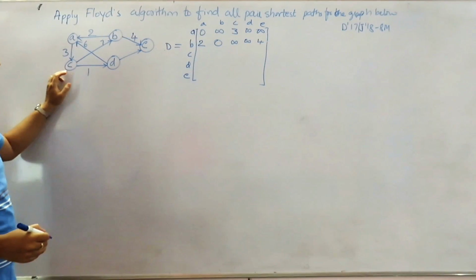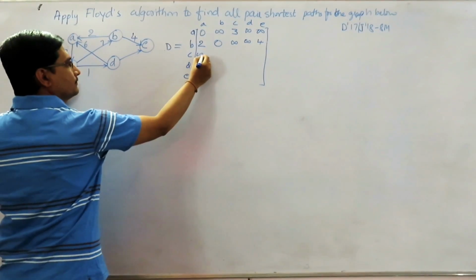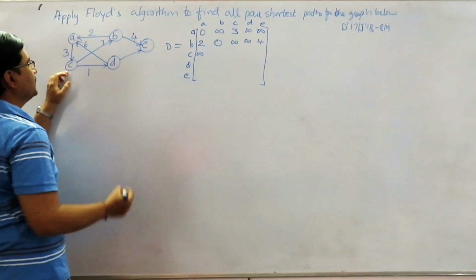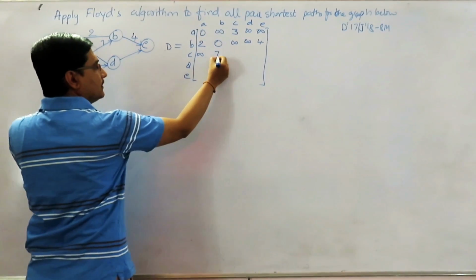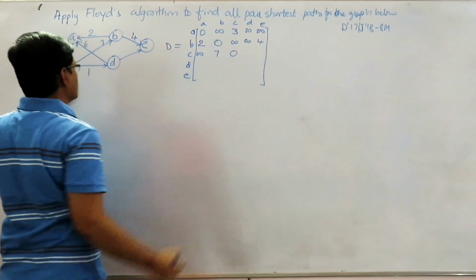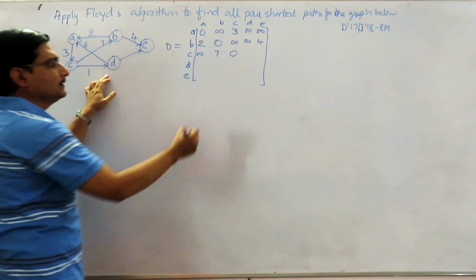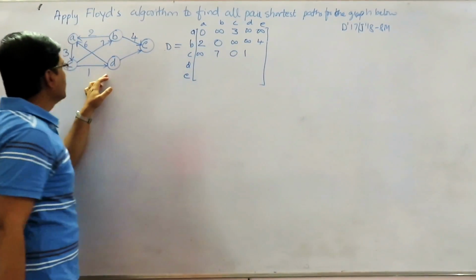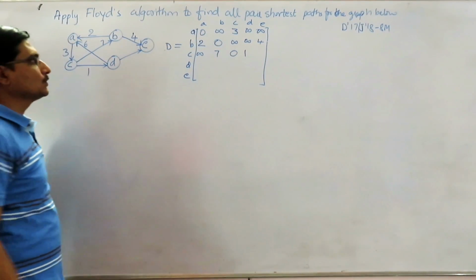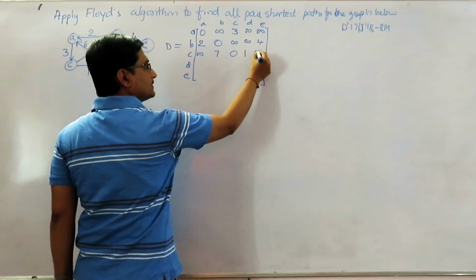And C to A, no edge, infinity. C to B, there is an edge with a distance 7. C to C, 0 distance. C to D is 1. And C to E, there is no edge, so it is infinity.